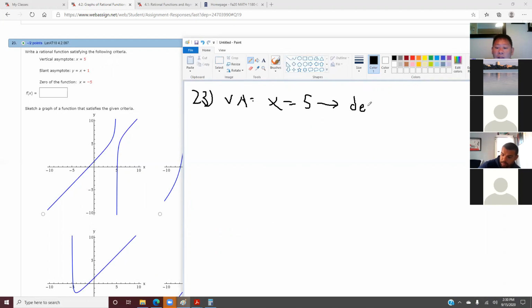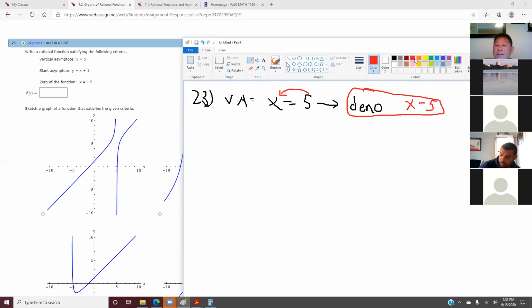Don't forget, all your vertical asymptotes are in your denominator. So in this case, it will be x minus 5. What you do here is you move the 5 backwards like this. So that means your denominator will have x minus 5.